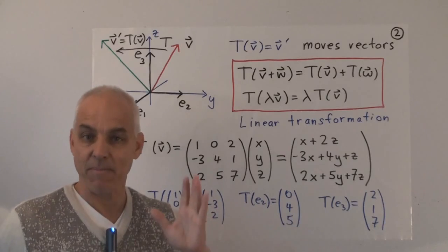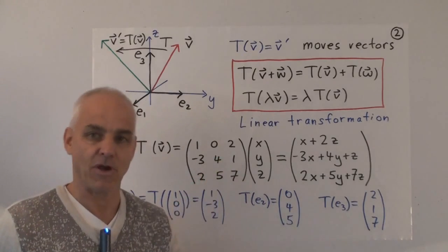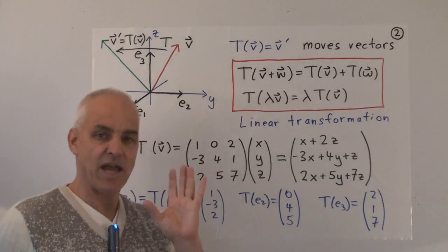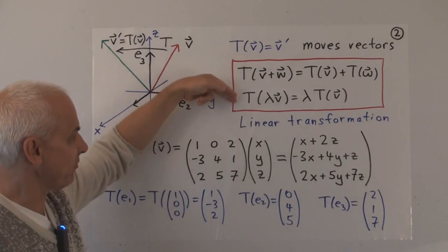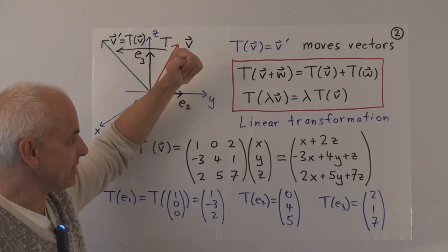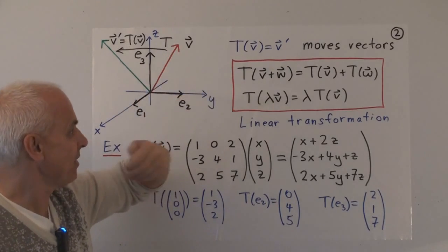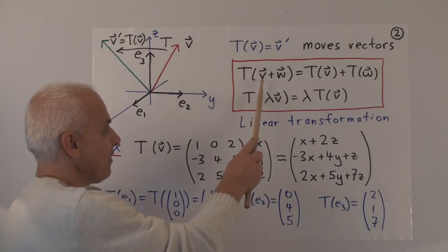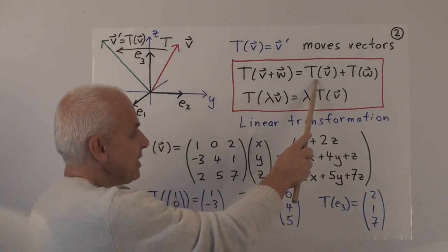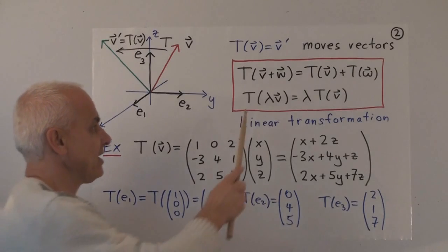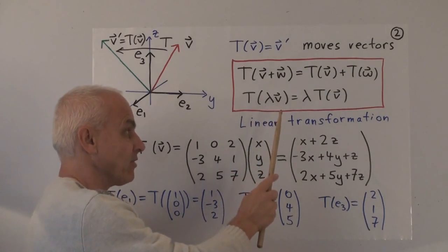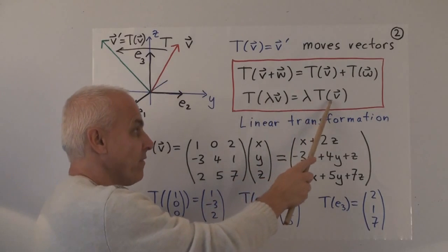And if we multiply by a matrix, like we're talking about, then the transformation has particularly simple properties. It's what's called a linear transformation, and that means that it satisfies these two basic properties. That T of a sum of two vectors V and W is T of V plus T of W, and that T of a multiple of a vector V is that same multiple of T of V.